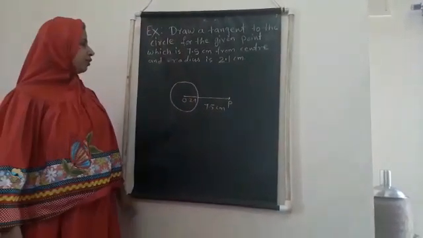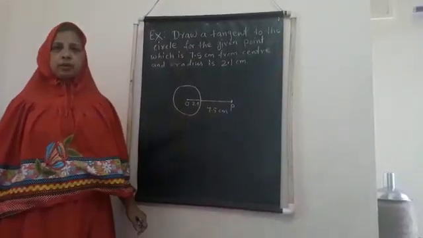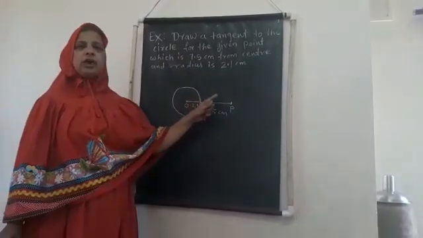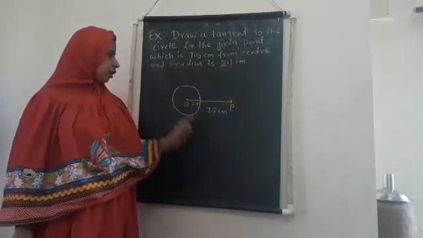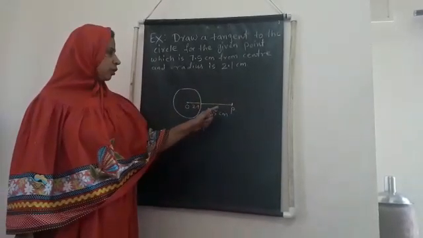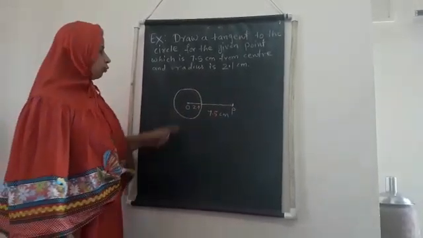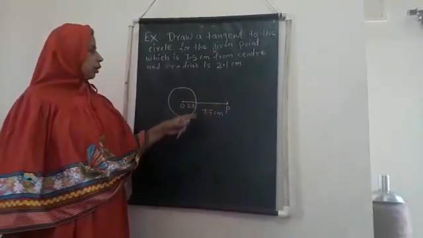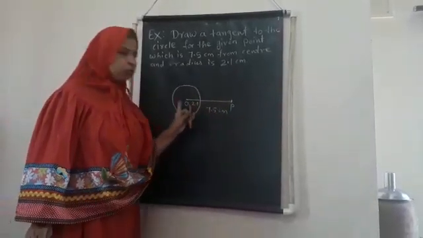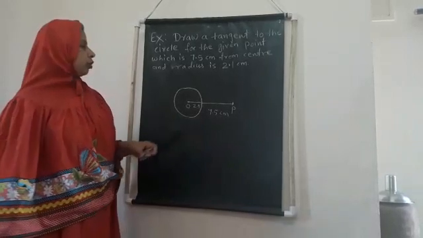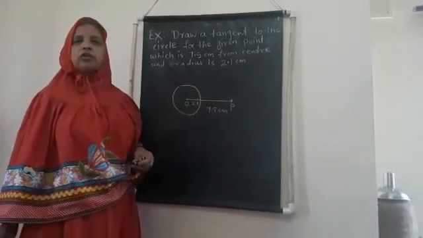So OP distance is 7.5 centimeter. Now in this construction, our point P is outside the circle. So for that, we require a midpoint of this OP so that we can draw the tangent to the circle.